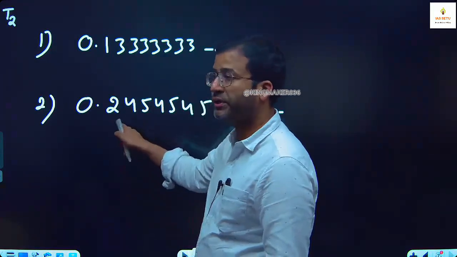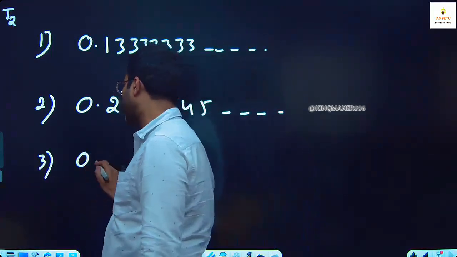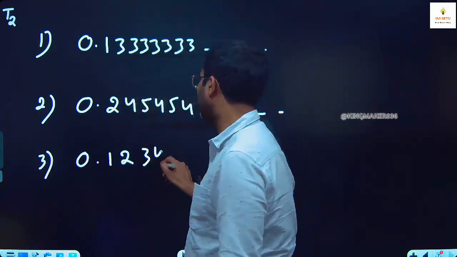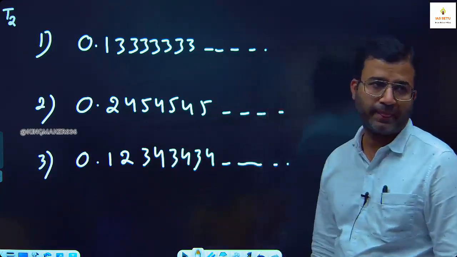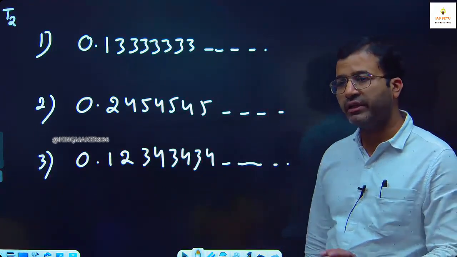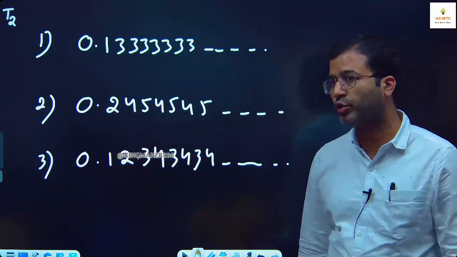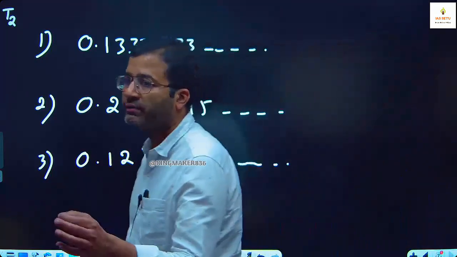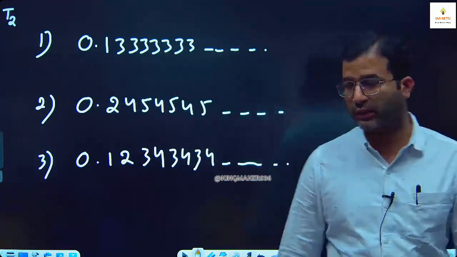What is the difference? 2 is not repeating, 4 and 5 are repeating. Third example is 0.12343434 and so on. After these 3 examples, I will take 2 more examples so that we have better clarity about type 2. Once you understand type 2, type 3 is much easier.